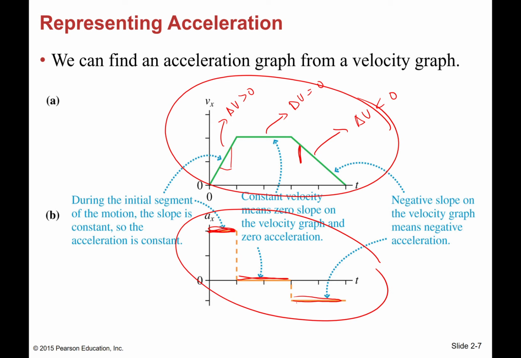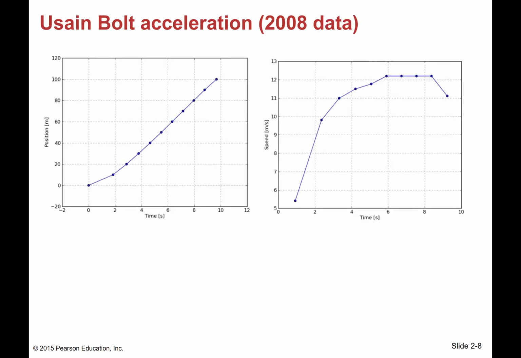In general, in this class, we are going to be working with objects with constant acceleration. So the acceleration is going to be the slope of the velocity versus time graph. If this is time, if this is velocity, the slope of this line here, that is the acceleration. I have data here for Usain Bolt.